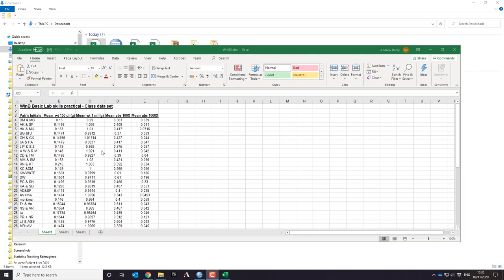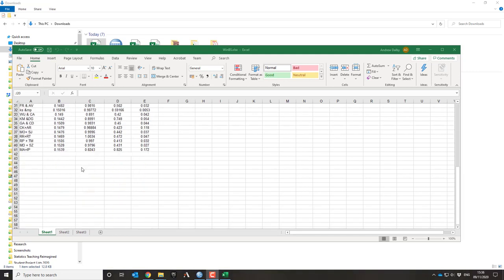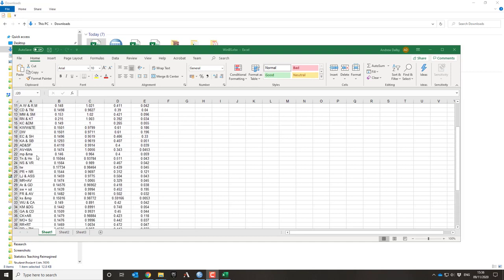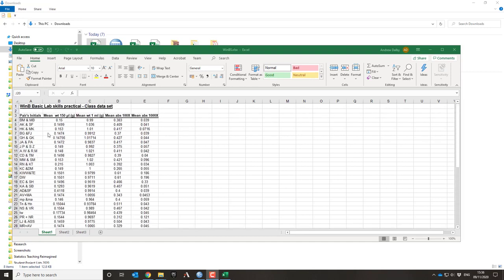You're trying to figure out how much variation there is and how accurate the results are. Here we've got measurements for 41 pairs of students who've done those particular measurements. So we need to take a look at the data and see what's going on. Now remember, the key thing about this is just to think about precision and accuracy.